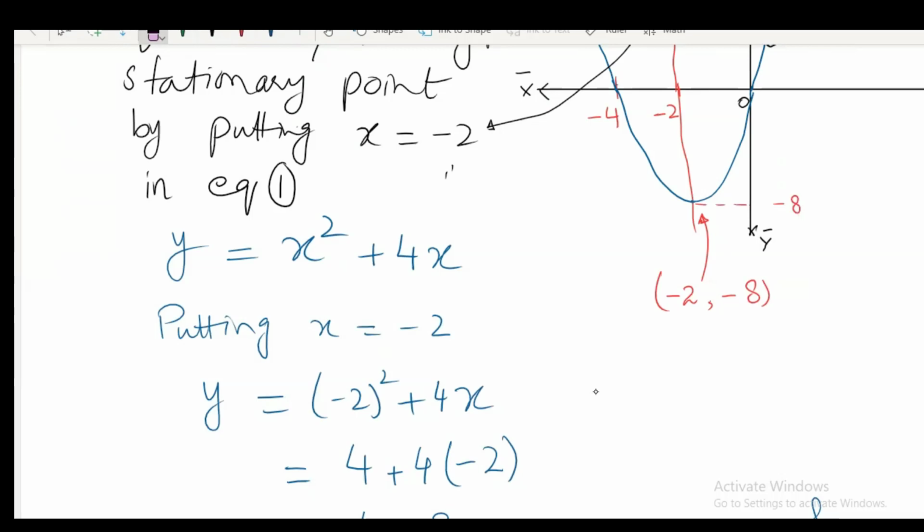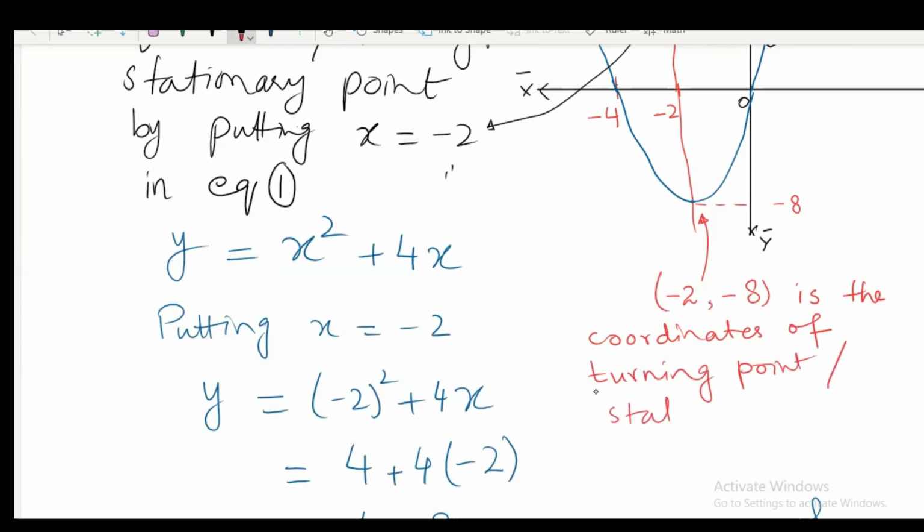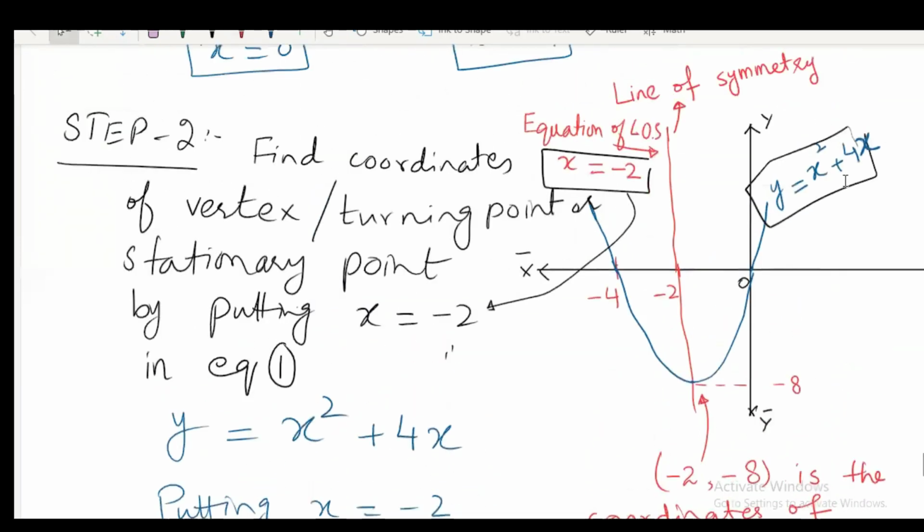This is the coordinates of the turning point, or stationary point, or vertex. I hope you got the idea of how to sketch y equals x squared plus 4x.